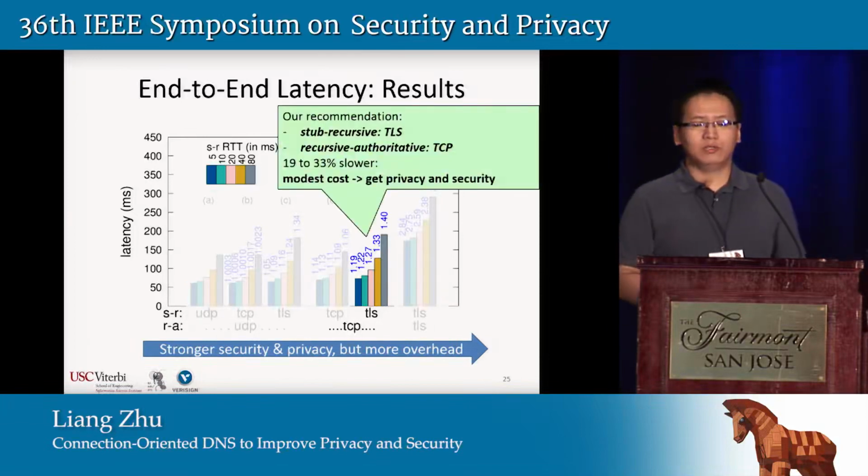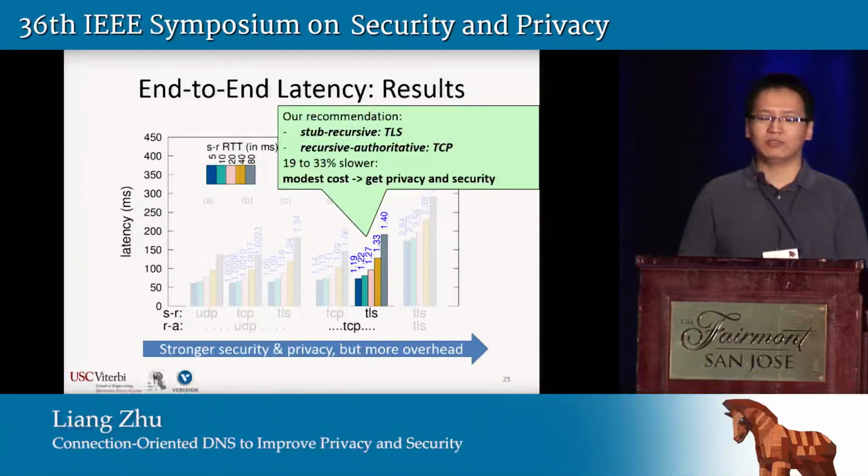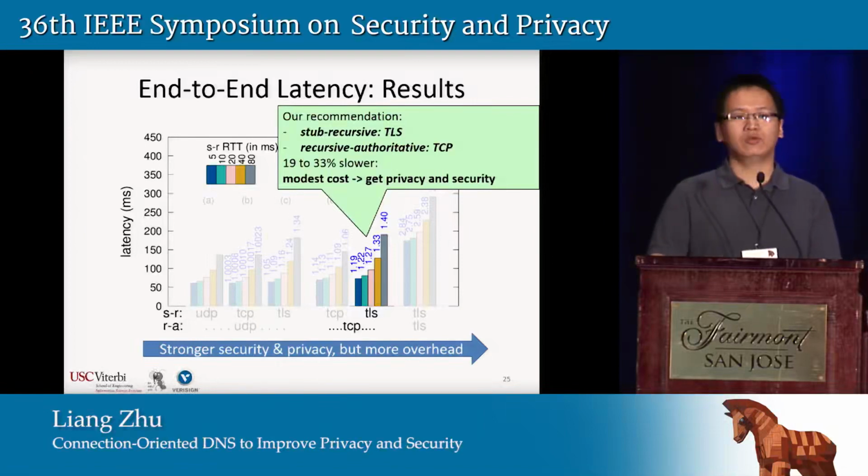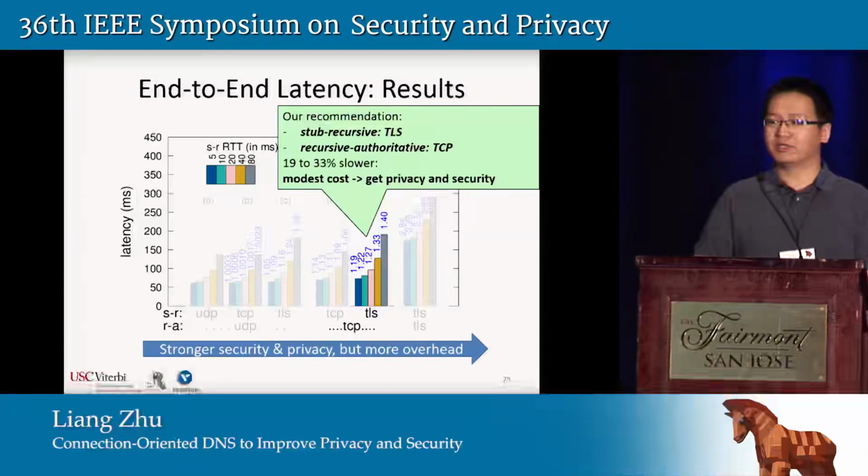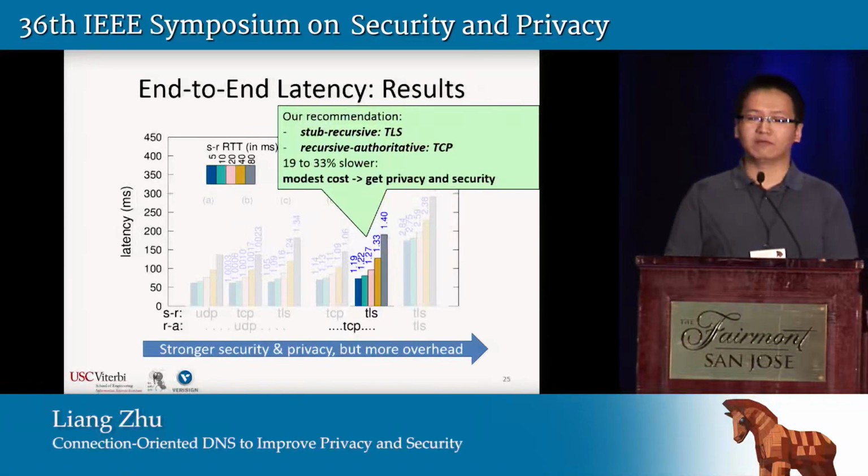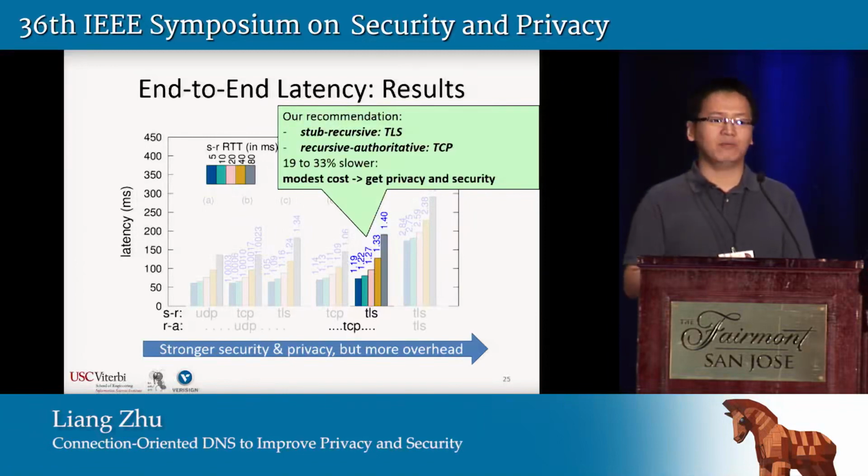Here our recommendation is to use TLS from stub to recursive, and to use TCP from recursive to authoritative, so that we can get reasonably good privacy and security, but only be 20 to 30% slower in overall performance.